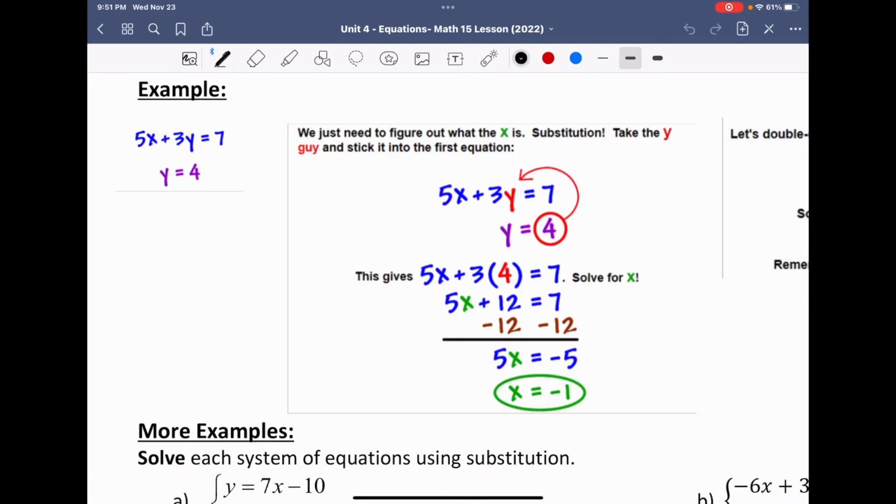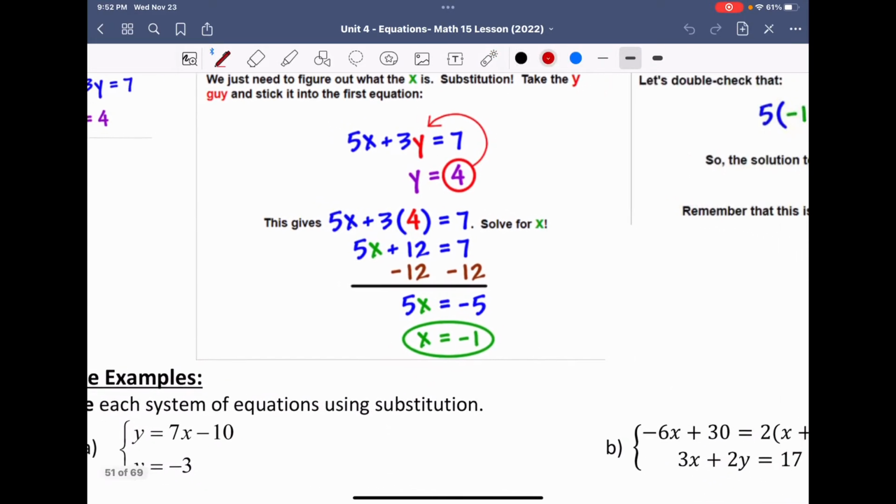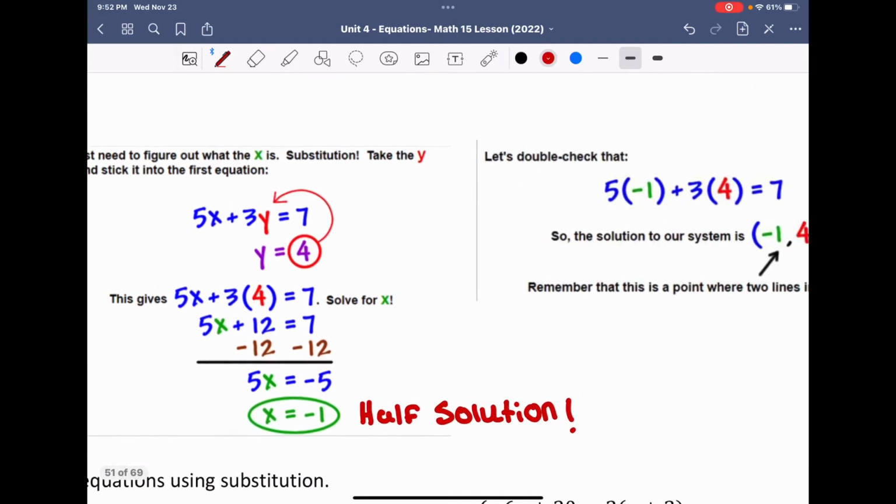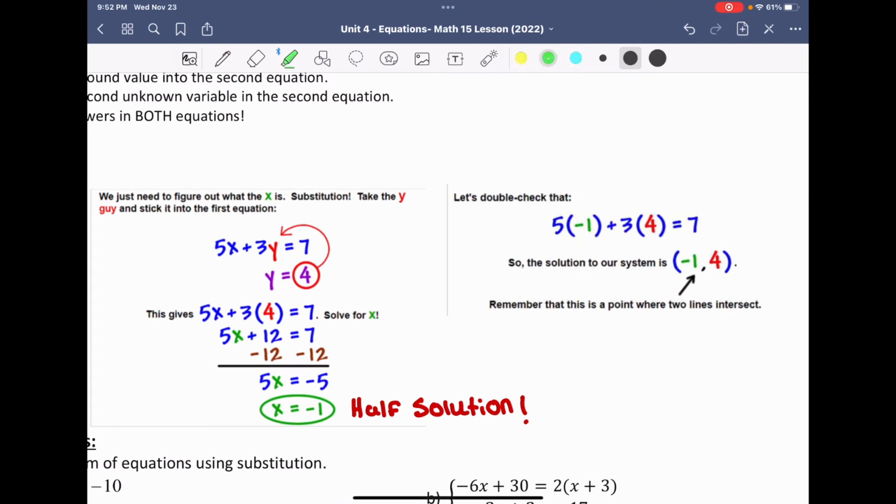Now, I really want you to draw your attention to this. When we get an x value like this, it is technically only half of the solution. This is a half solution. The reason is that in order for it to be a full solution, we have to pair both x and y together. So what do I mean by this? We want to pair them as an ordered pair as the following.